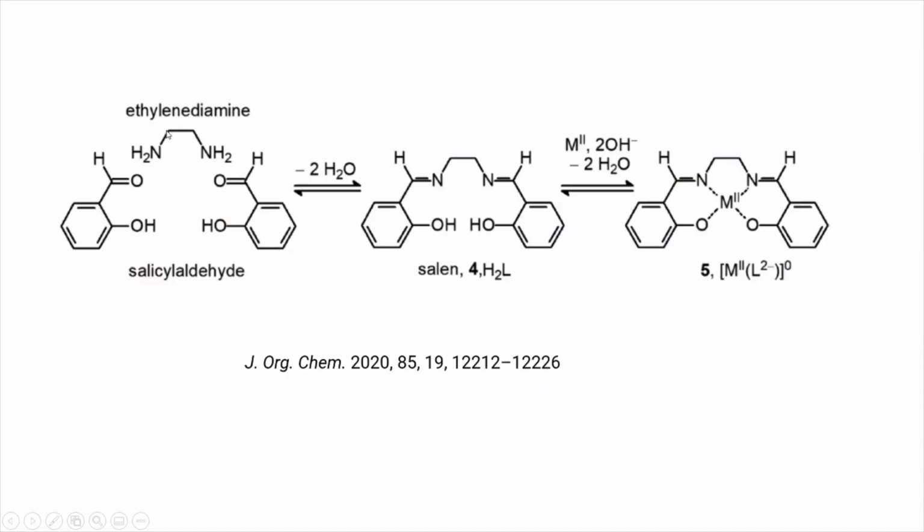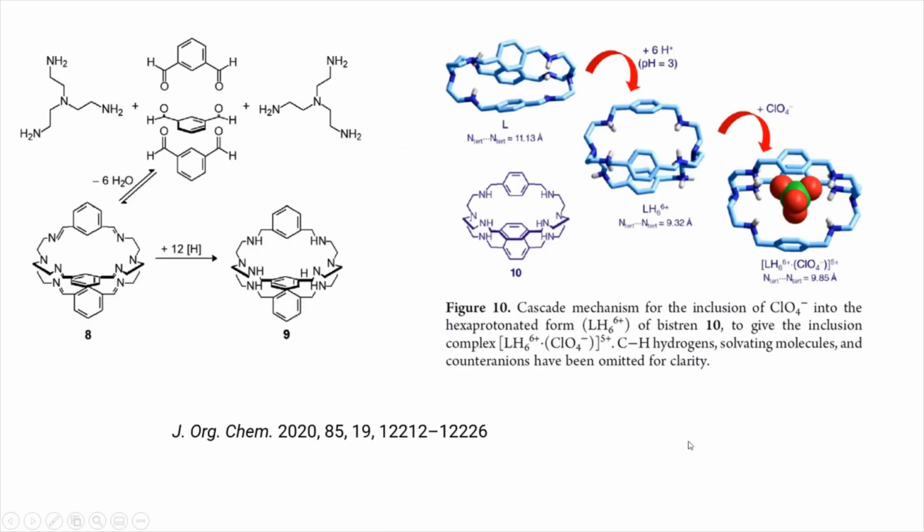So basically the reaction, if you watch it, salicylaldehyde is used with ethylenediamine to form this Salen type compound. Since it is formed from salicylaldehyde, that's why it is called Salen, and it acts as a ligand. So if you use a metal, it will form a metal-ligand complex. Here they use dialdehyde and triamine.